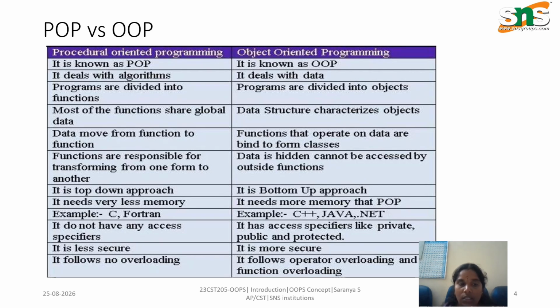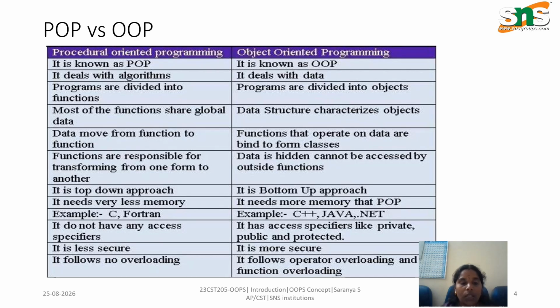And in POP, data moves from function to function, and in OOP, functions that operate on data are bound together to form classes. In POP, functions are responsible for transforming data from one form to another, and in object-oriented programming, data is hidden and cannot be accessed by outside functions.